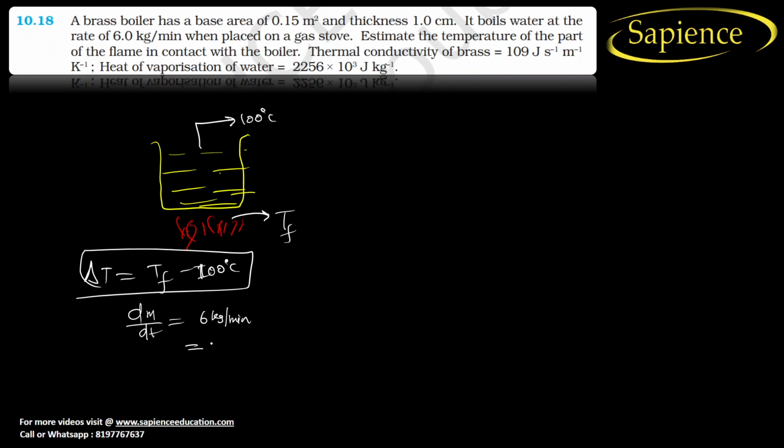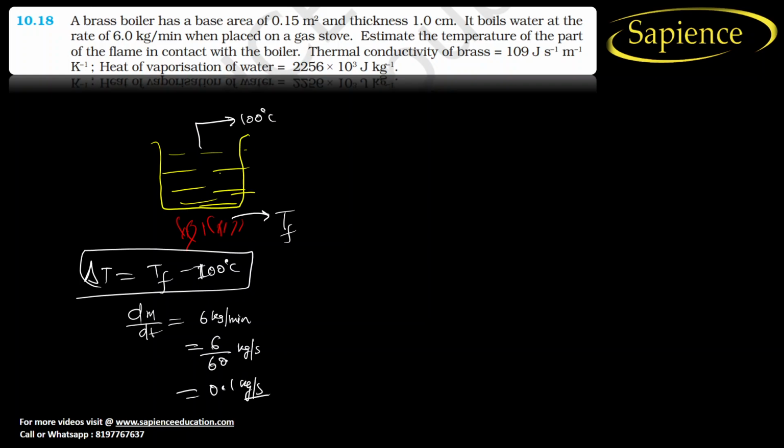It can also be written as 6 by 60 kg per second, so this will be 0.1 kg per second.